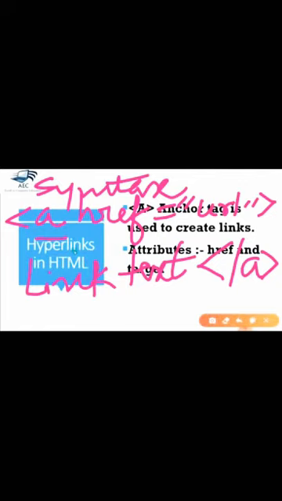The href attribute, as I told you, defines the link address. The a element defines a link to the page or file which you want to link. Href is a hyper reference, meaning that page or file will be hyperlinked, and http is the hypertext transfer protocol.